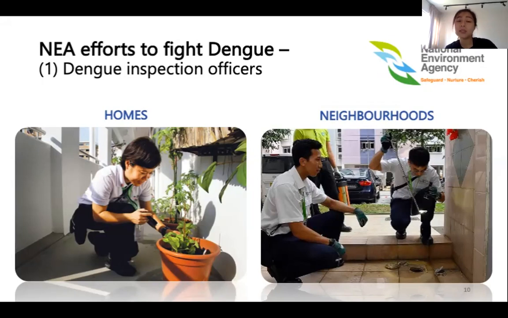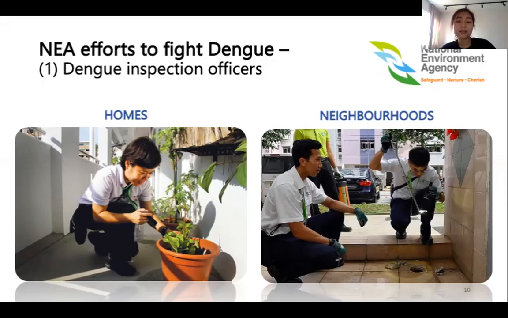Also something to note, in July this year, in response to the sharp rise in dengue cases, NEA announced that households found with multiple mosquito breeding habitats during inspections will face stricter penalties. First-time offenders will be fined 200 dollars, and now it's going up to 300 dollars if multiple mosquito breeding habitats are found within the home.